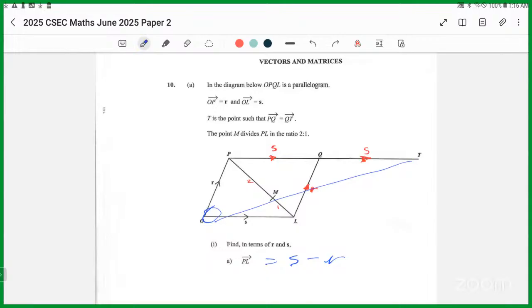Now, OT is much easier to find. I don't have to calculate anything. OT is this R plus this 2S. You can see it on the diagram. R plus 2S. Just that. No work needed. If you're using MT, you have to calculate, and you're wasting time. With OT, you don't have to calculate.